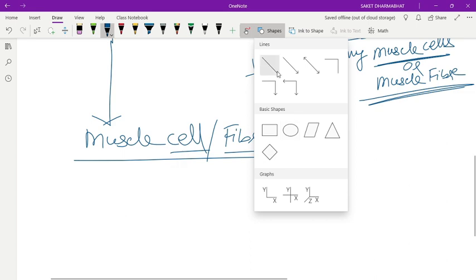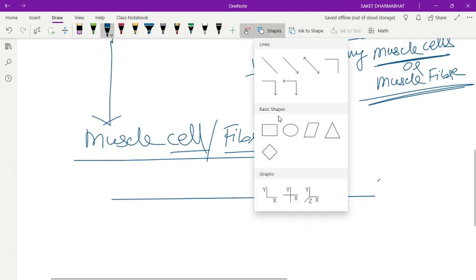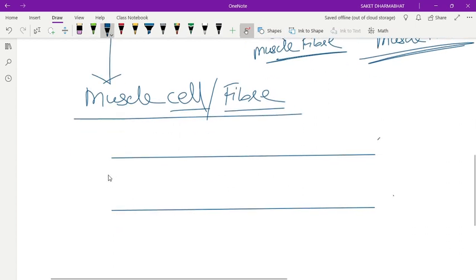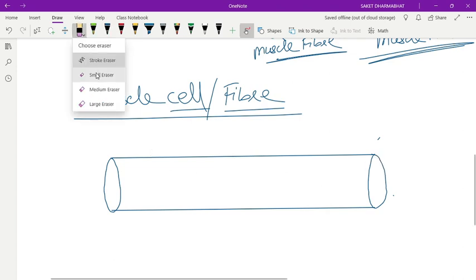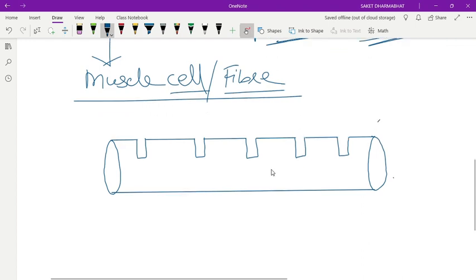Now this is the structure of one muscle cell.